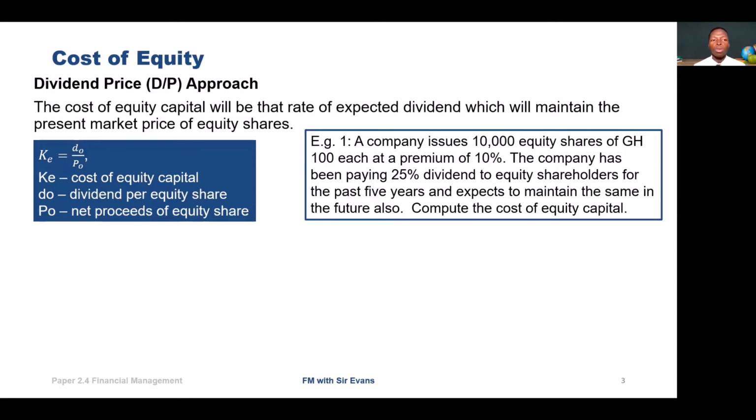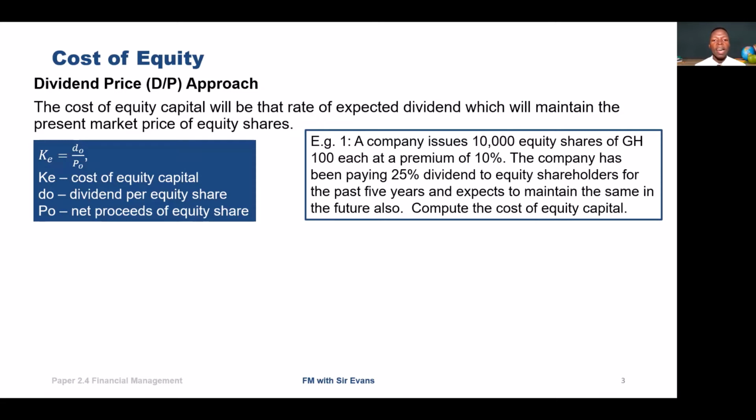So to find our cost of equity, we need to ask ourselves, how do we get the dividend, D0, and how do we get the P0? D0, as we are informed, is a 25% dividend being paid out. Each of these shares is 100 Ghana cedis, so 25% becomes 25 being the dividend paid out.